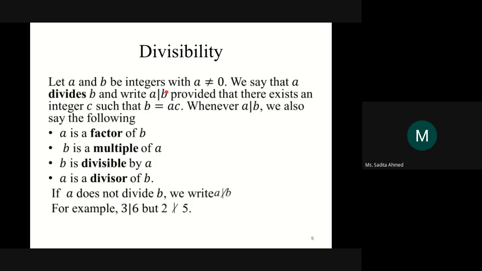It means that in the result you will get some integer, and you can say that b is equal to ac for some integer c. Only then you can say that a divides b. So if a divides b, then b is equal to ac for some integer c.